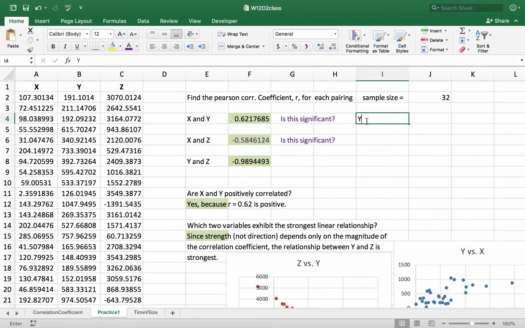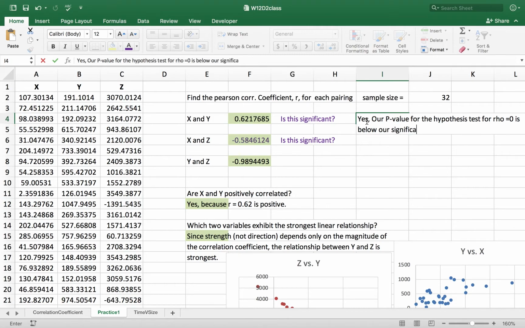So to answer this, we could say something like, yes, our p-value for the hypothesis test for rho equaling 0, or correlation equaling 0, is below our significance level. Hence, we reject the null hypothesis that rho is equal to 0 and conclude that rho is not equal to 0.